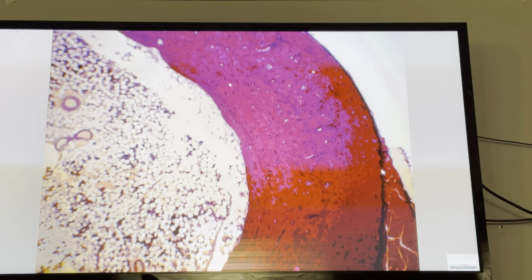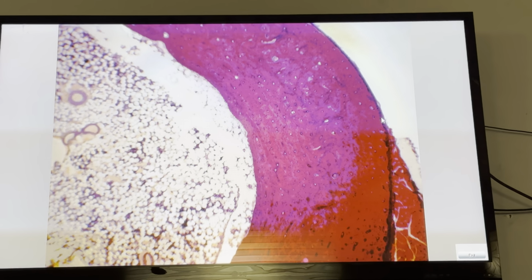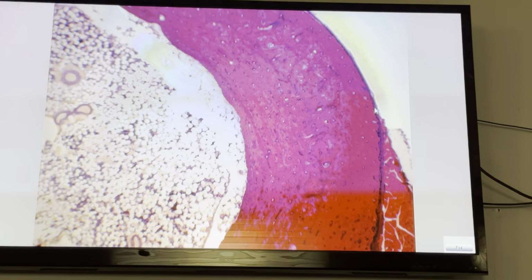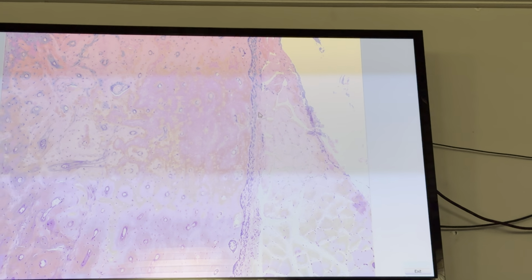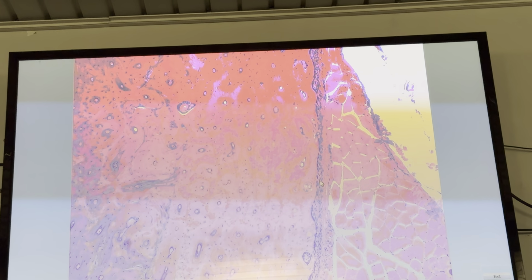From the outer surface, we can see the periosteum. This is a skeletal muscle. This is the outer surface of the bone. We can see the periosteum.